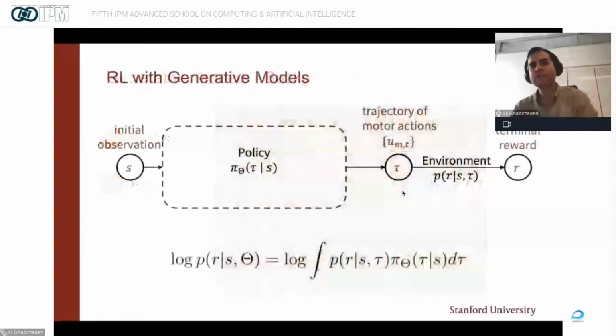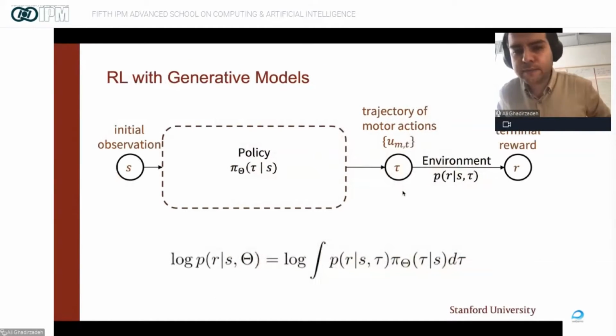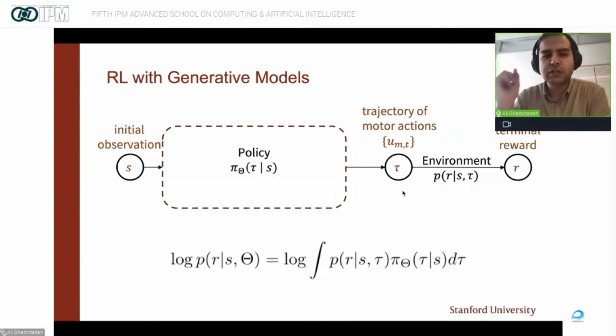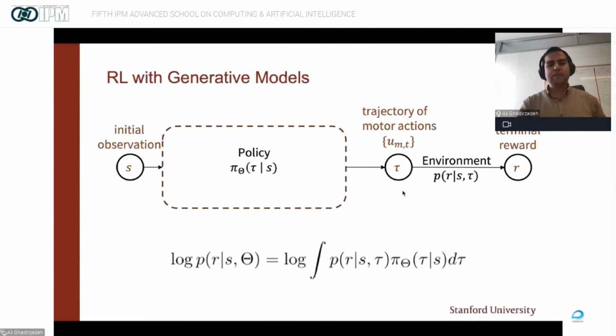But the next question is how we can use generative models for reinforcement learning to do more data-efficient robotic reinforcement learning. Let me start with a very general formulation of the problem and a little bit about the architecture of the network. Assume that we have a deep policy, and this deep policy assigns a distribution over motor trajectories.